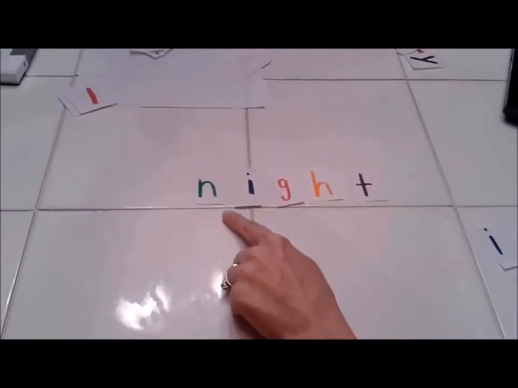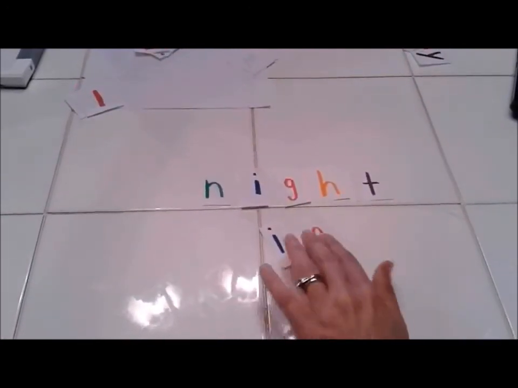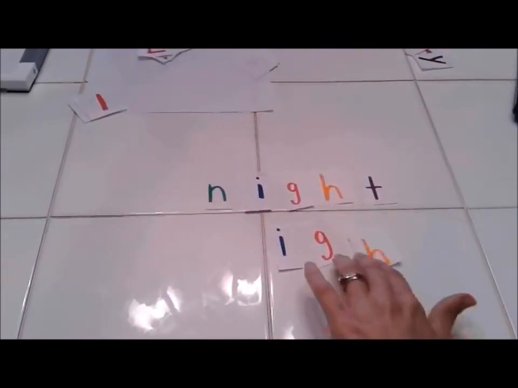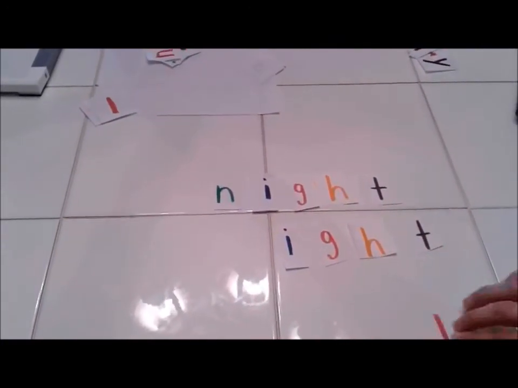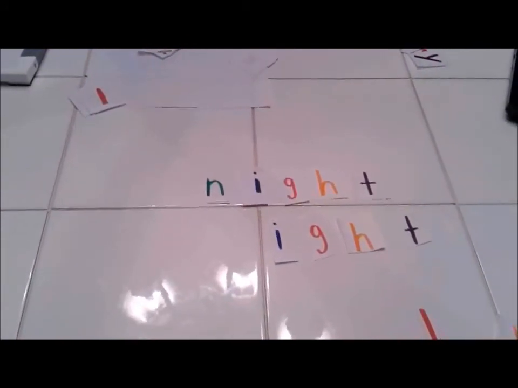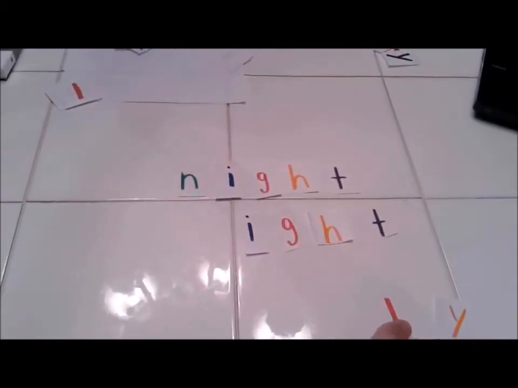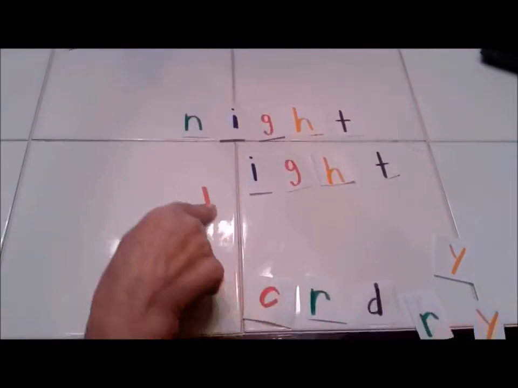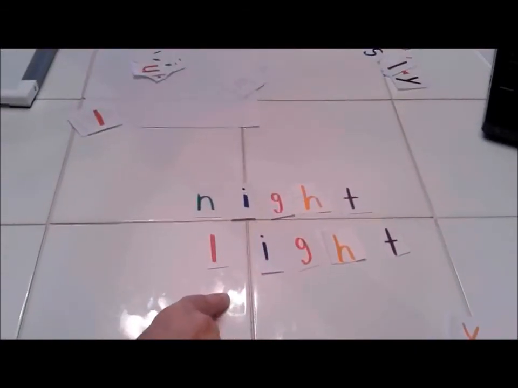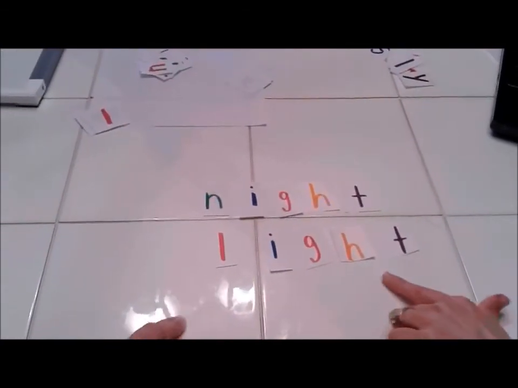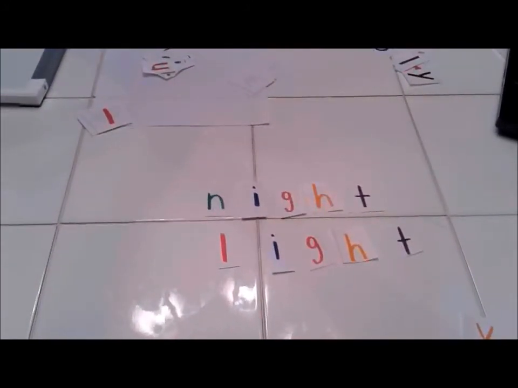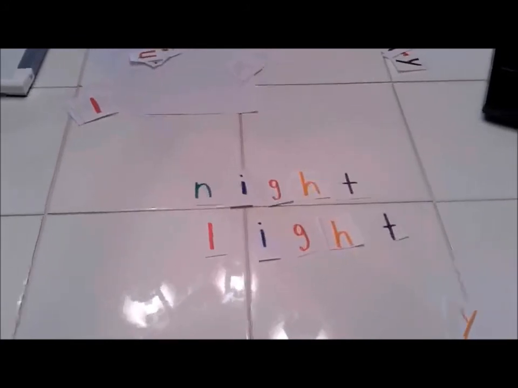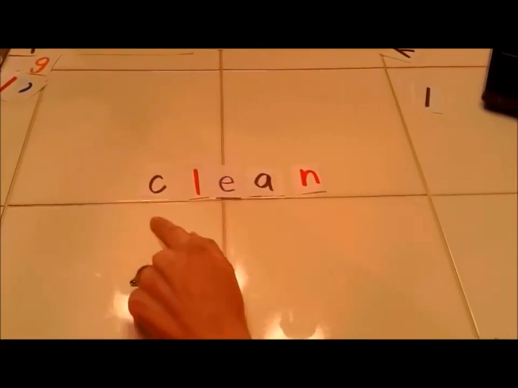Now look at this word, night. What letter can you substitute for the N to make a new word? What can you add to the IGHT? L. The new word is light. This is the word clean.